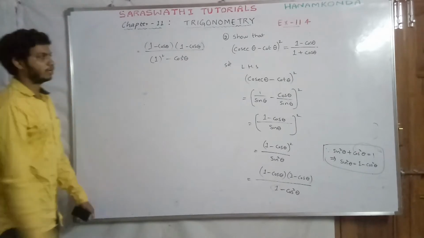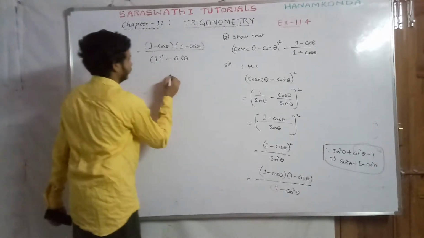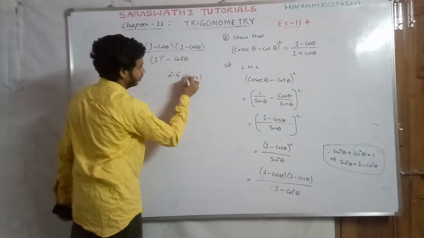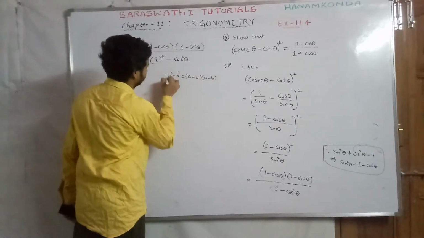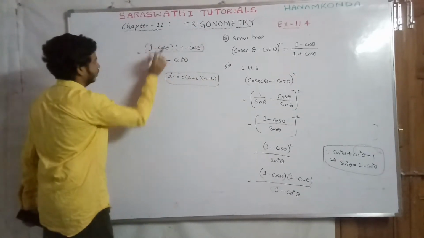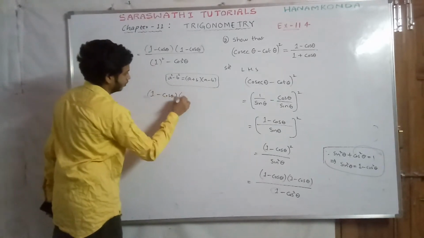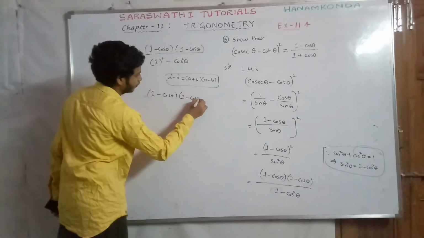Okay, so this is of the form a square minus b square. We know that a square minus b square equals (a plus b) into (a minus b). The numerator is (1 minus cos theta) into (1 minus cos theta).